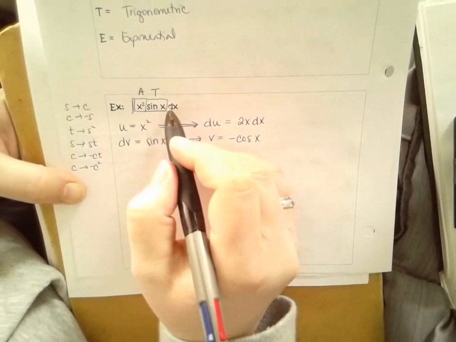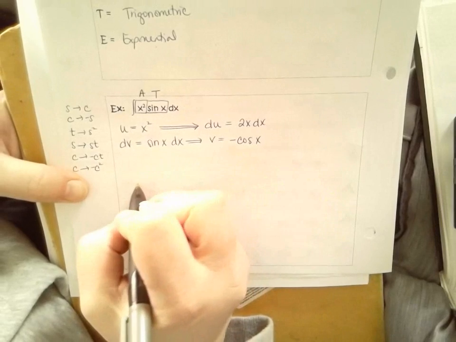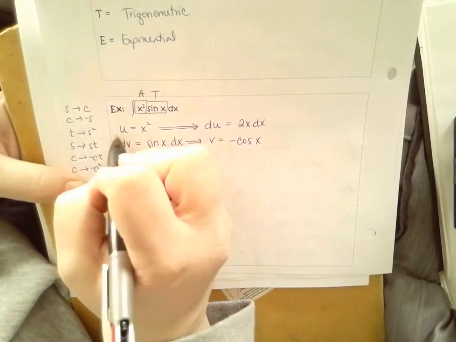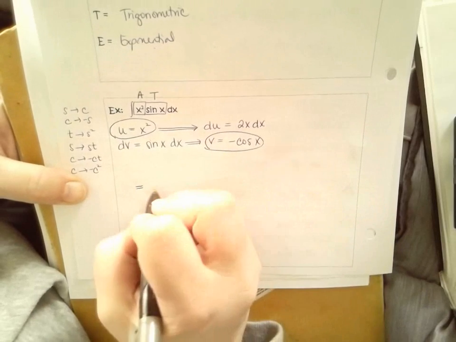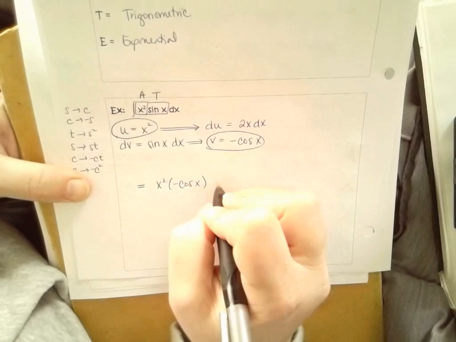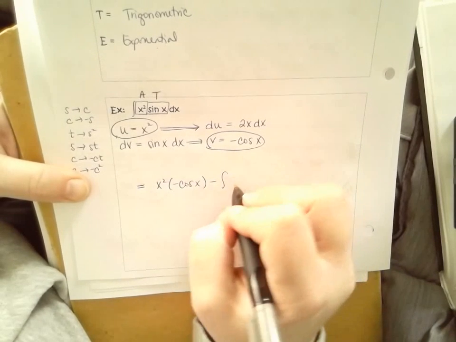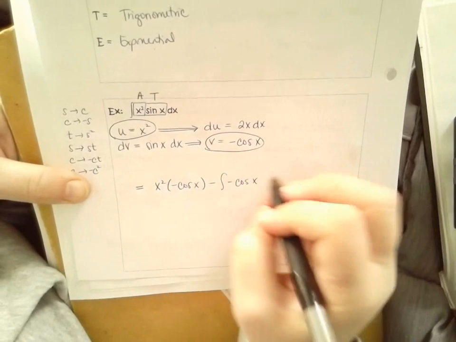All right, so if this is equivalent to the integral of u dv, then it is equal to the combination of uv minus the integral of v du.